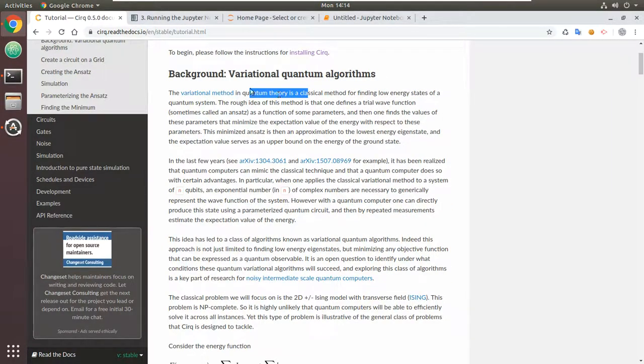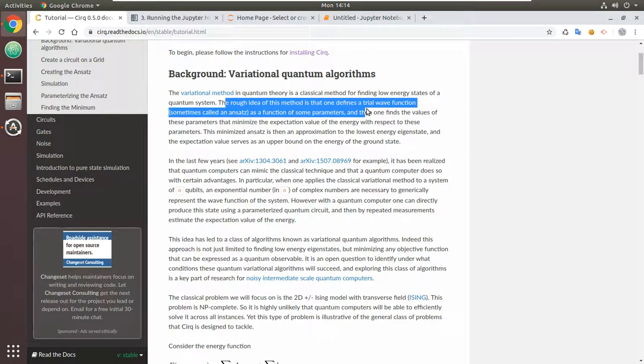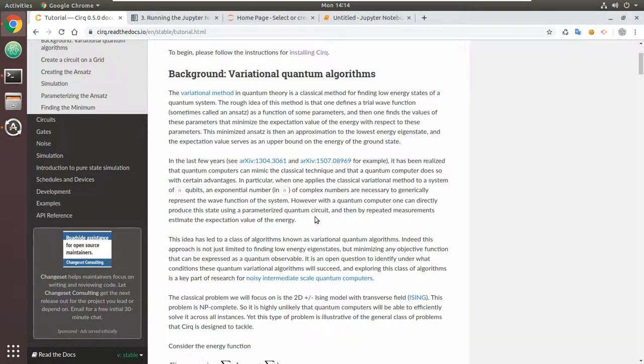The variational method in quantum theory is a classical method for finding low energy states of quantum systems. The rough idea is that one defines a trial wave function, sometimes called an ansatz, as a function of some parameters, and then one finds the values of the parameters that minimize the expectation value of the energy with respect to these parameters.